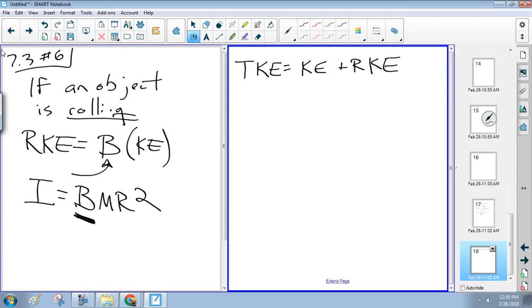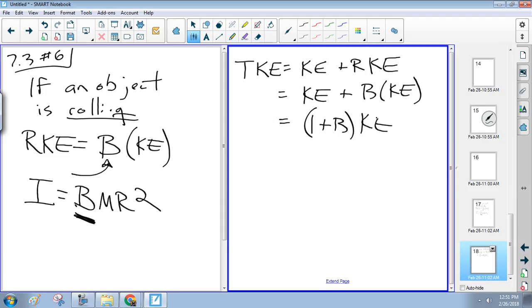This thing is rolling down a hill. It's moving, so it's got kinetic energy. It's rolling, and so the rotational kinetic energy is just this B times KE. And so then you can rewrite that as 1 plus B times your kinetic energy.